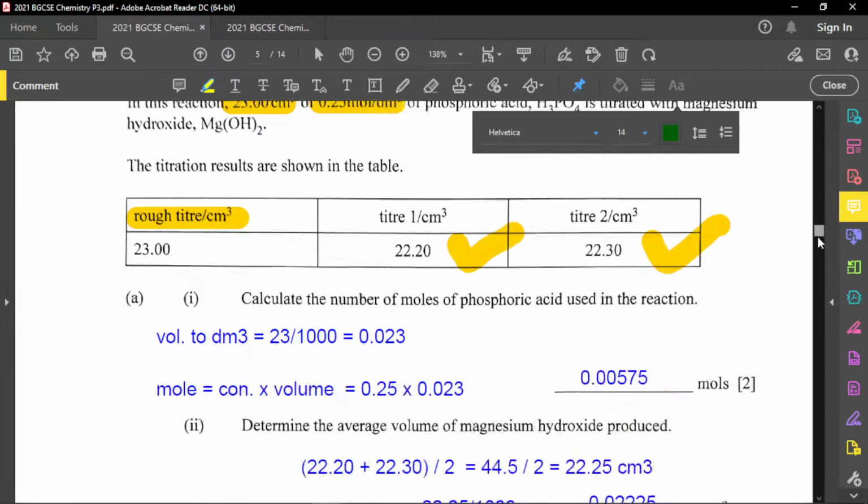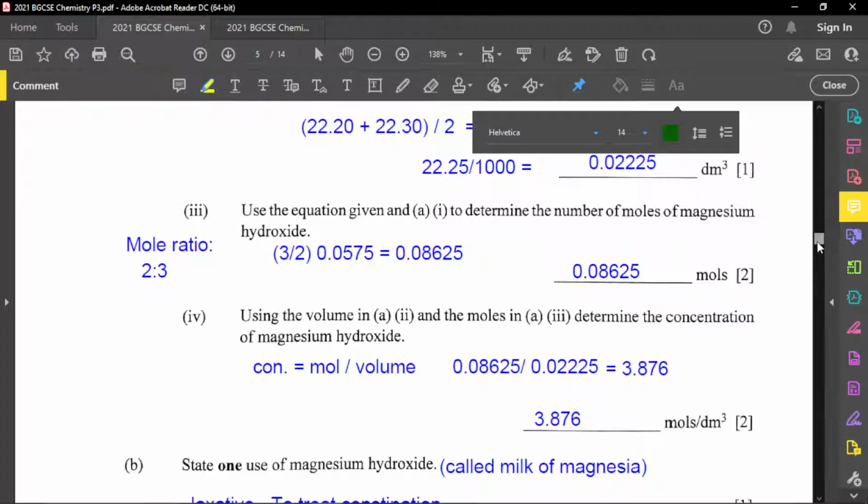And so what we're going to do here to find this mole, I'm going to divide the 3 by the 2 to get 1 part. And we're going to multiply that by the moles that we already calculated. And so therefore what we're going to have right here now is 0.08625 as our moles of magnesium hydroxide.